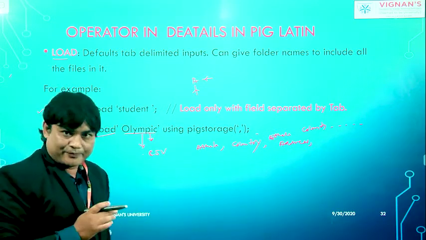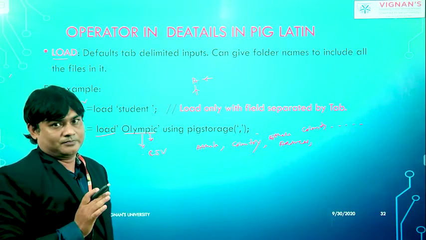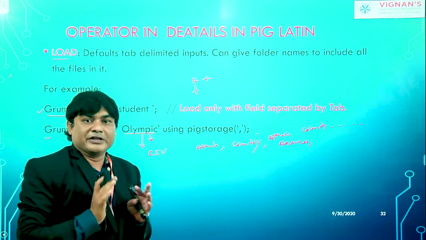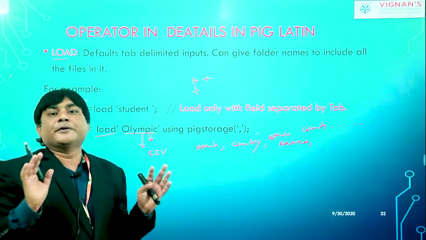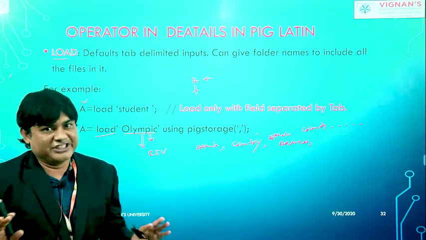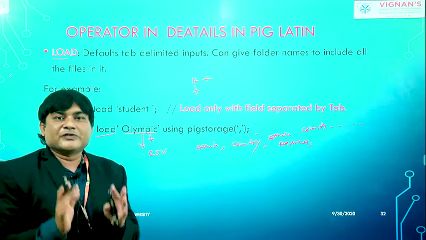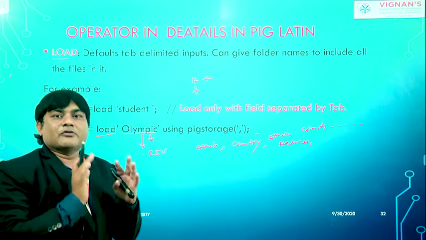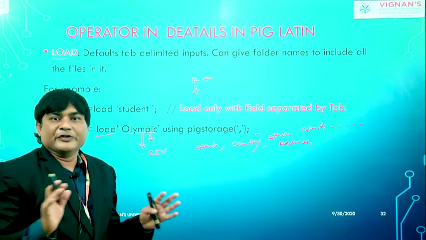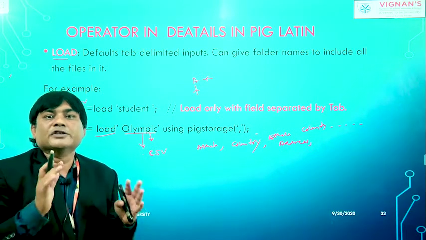In this case, we need to specify to Pig: hey Pig, I have a file which is separated by commas. I am not using any default option. I have the file, and in this file I have data with many fields, and all fields are separated by the comma.